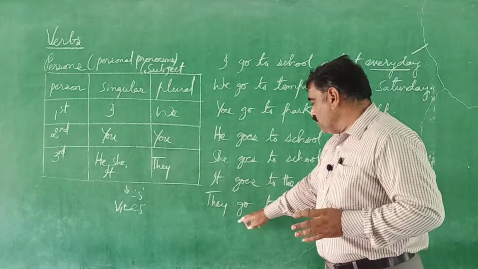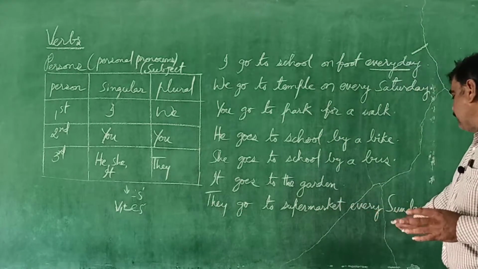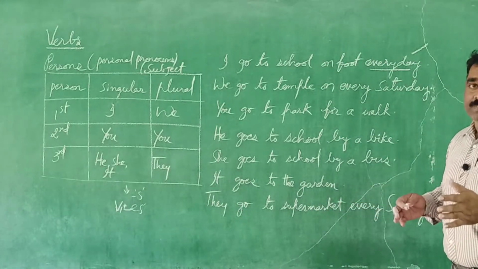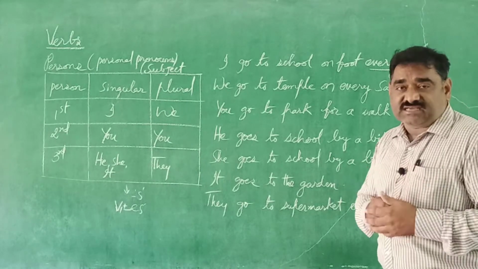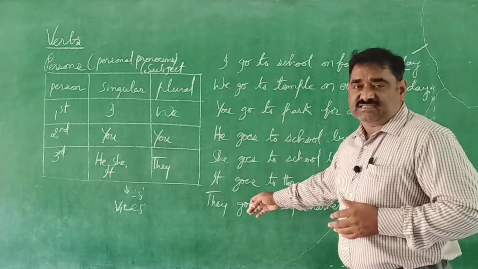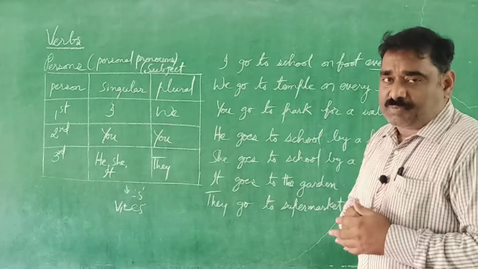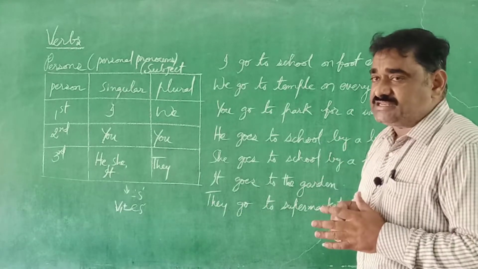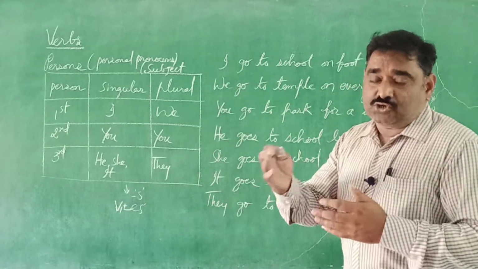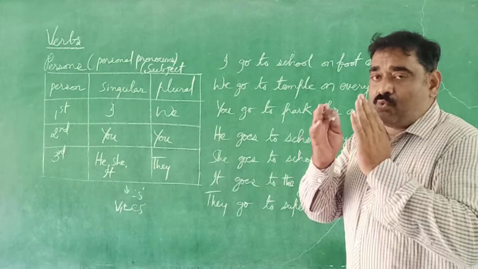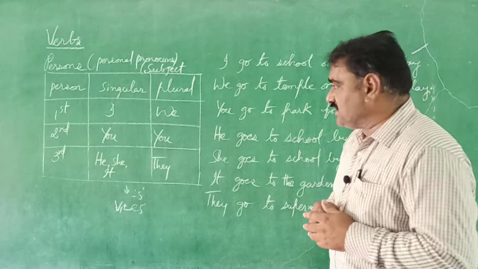Now third person plural: they go to the supermarket every Sunday, or they go to a movie every Sunday. Now these are all sentences that belong to simple present tense. If I change all the sentences into their respective past tense, where should I make the changes?